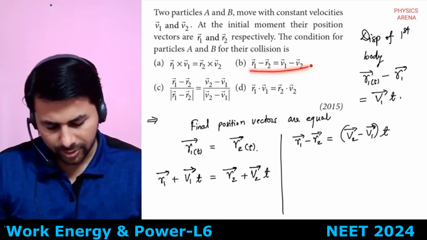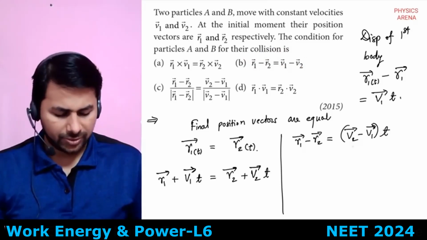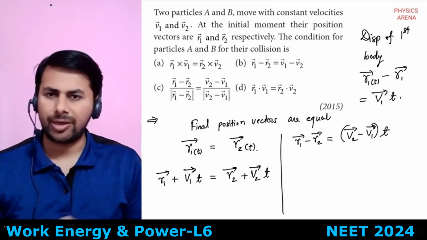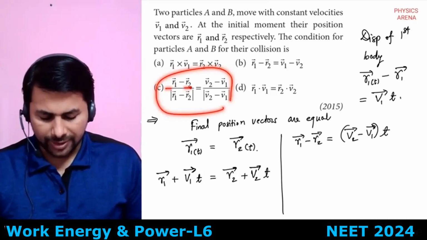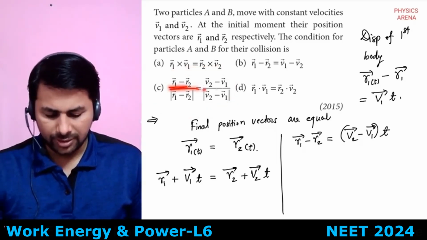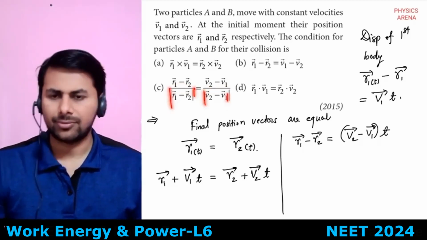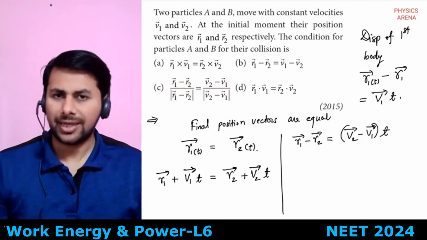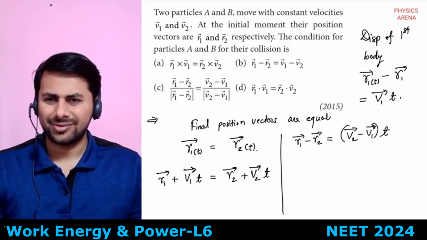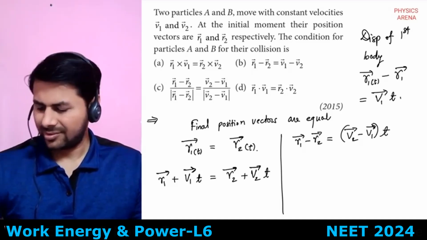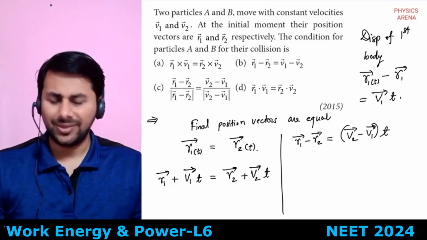This is also not correct because you have time in multiplication, and it is v2 bar minus v1 bar, not v1 bar minus v2 bar. Is this correct: r1 bar minus r2 bar equal to v2 bar minus v1 bar divided by their magnitude? It's correct, right? Why?